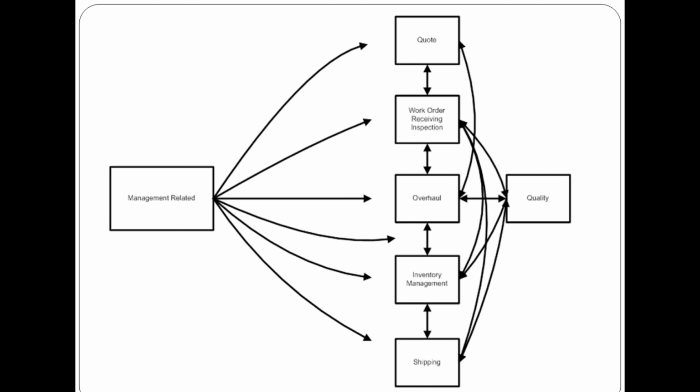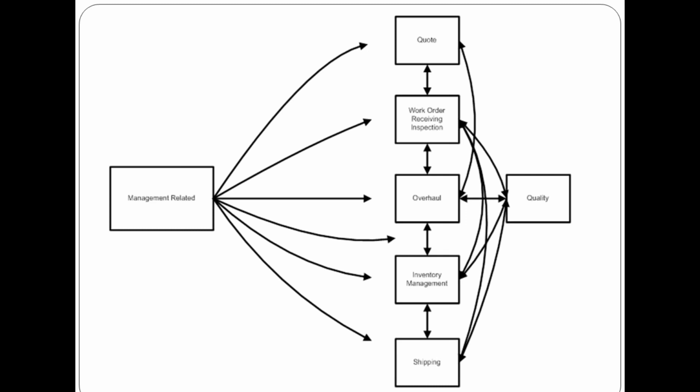Here's a slightly different approach to the interaction of processes. Now, part of what I would like for you to make note of here is the unique nature of the process names. We have a process here called overhaul. We have a process called inventory management.